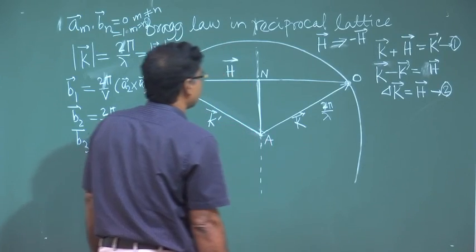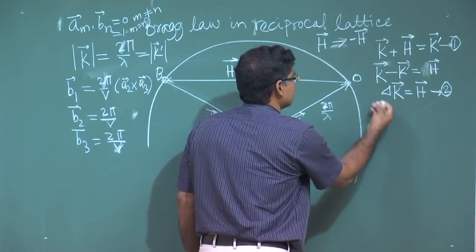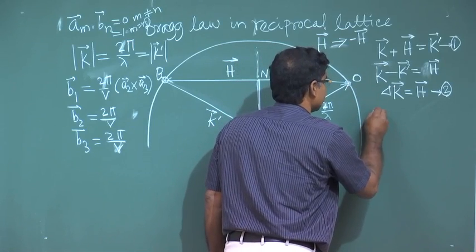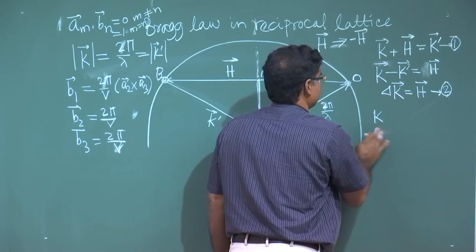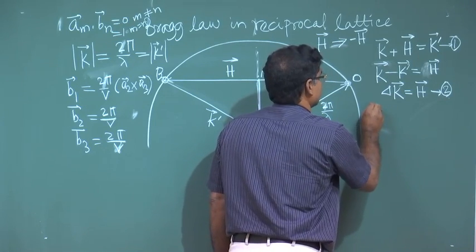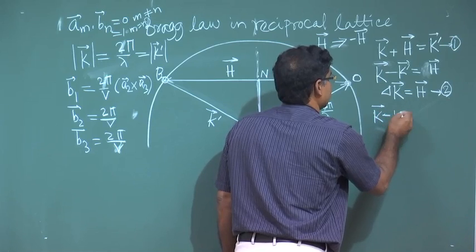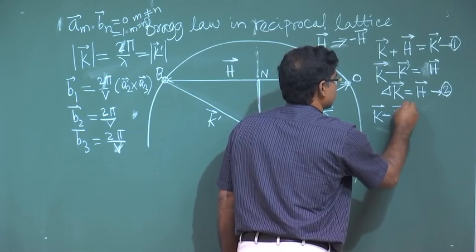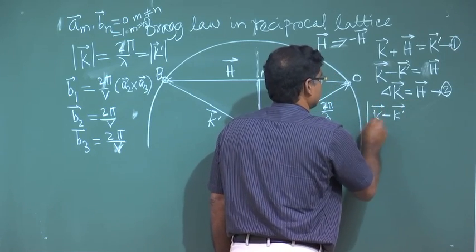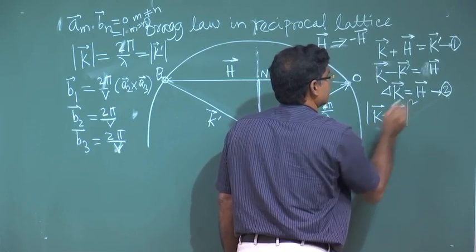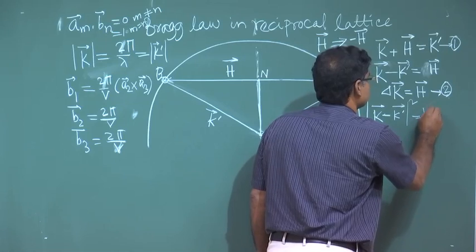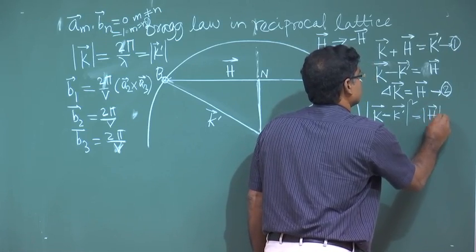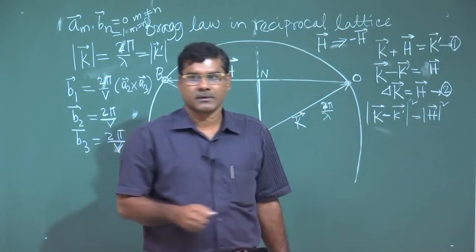Also, in another form, we can write k minus k dash equal to, right.